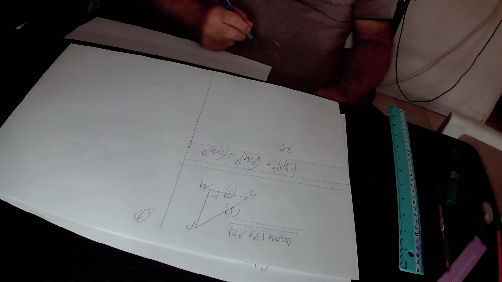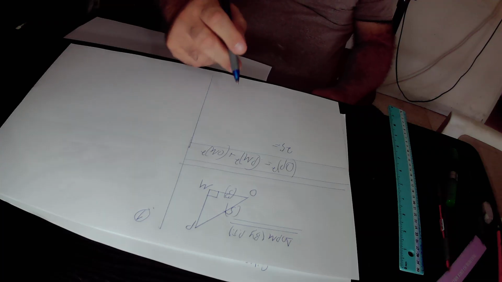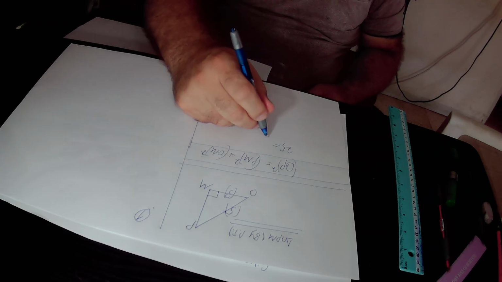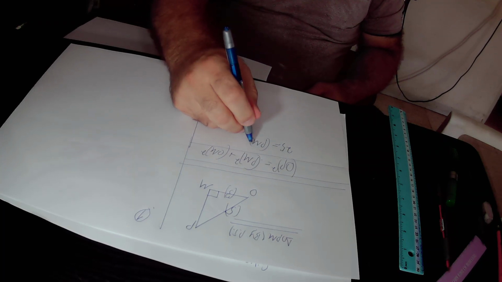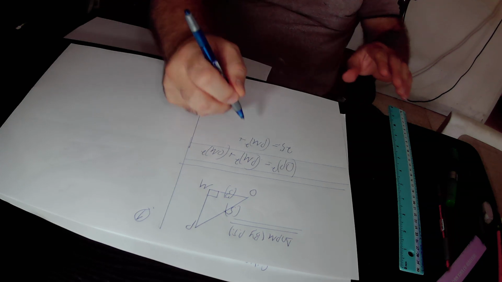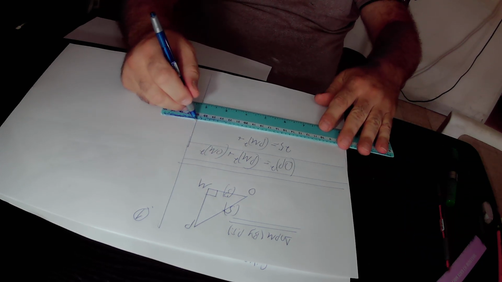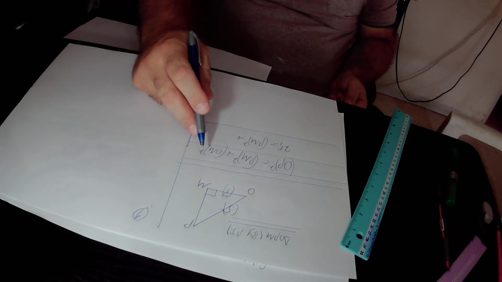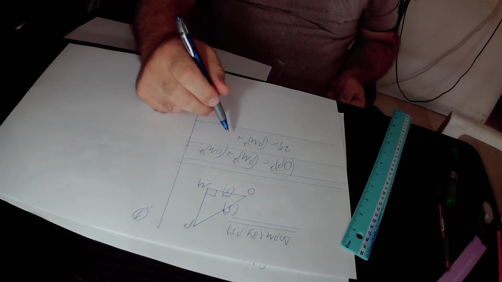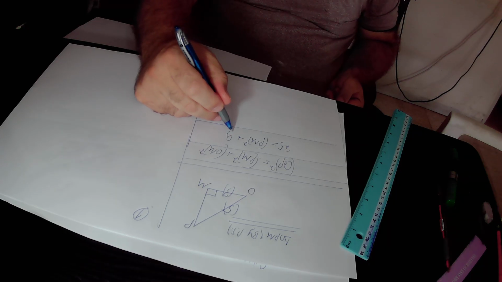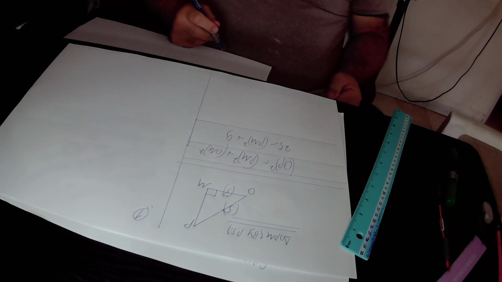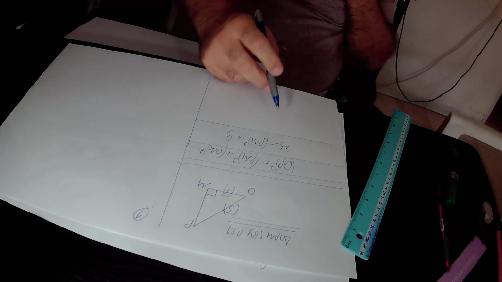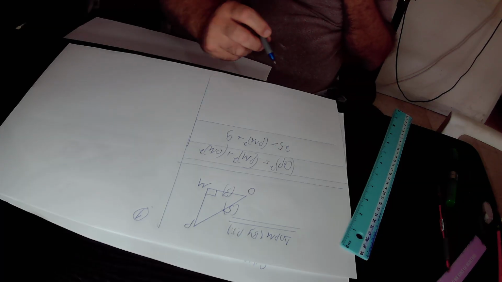And it equals PM squared. PM is the missing side. Plus OM squared. OM equals 3, therefore OM squared is 3 squared, that is 9. So we find that 25 equals PM squared plus 9.